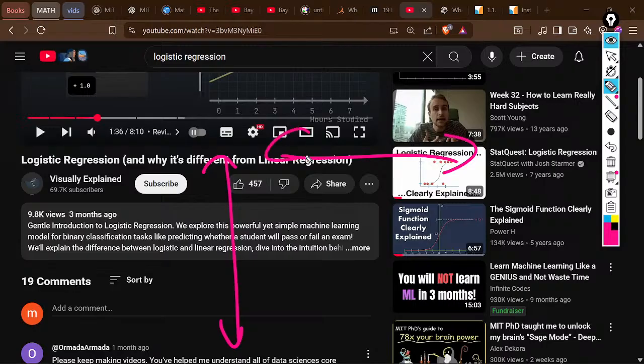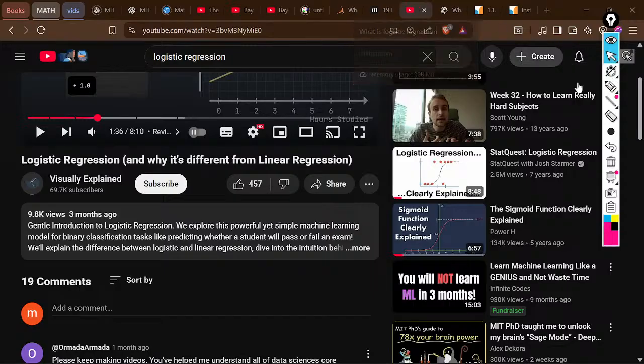Ooh, look at that. So we have AI capabilities and we have AI functionalities. How do I clear all of it? Delete.